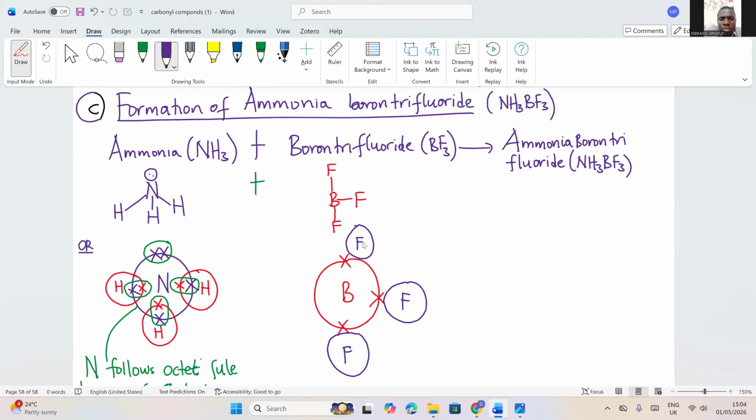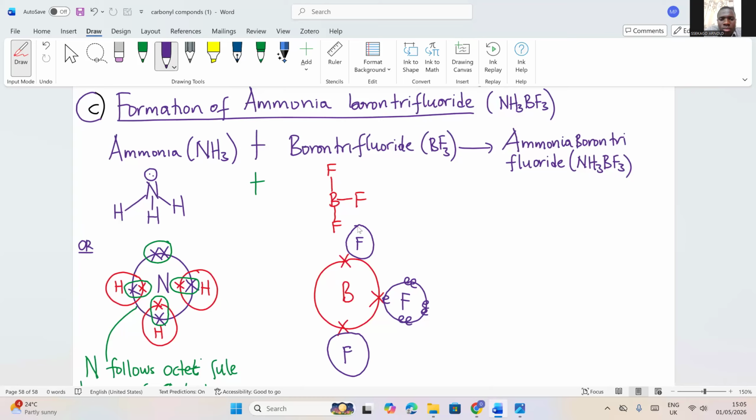F is element 9. It has 7 electrons in the outermost shell: 1, 2, 3, 4, 5, 6, 7.